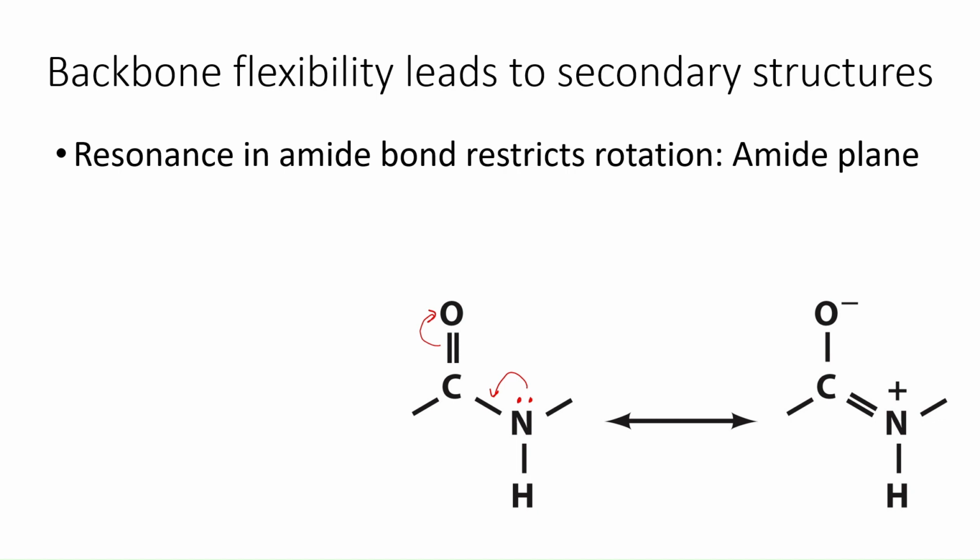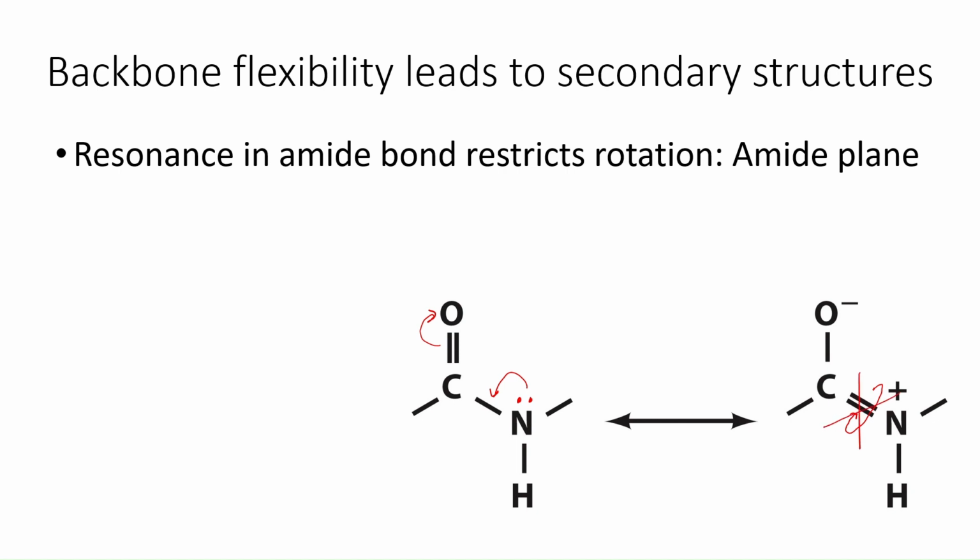And so essentially you have this transient or partial double bond character between the C and the N in our amide bond. And so that's going to restrict rotation around this bond, right? You can't have rotation around a double bond.